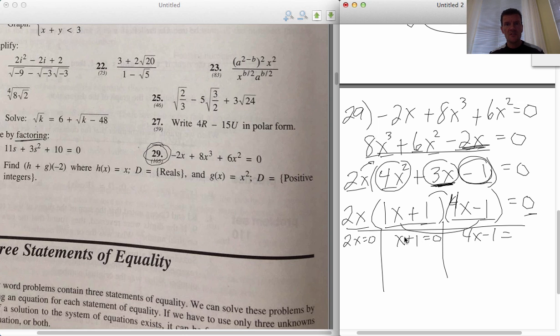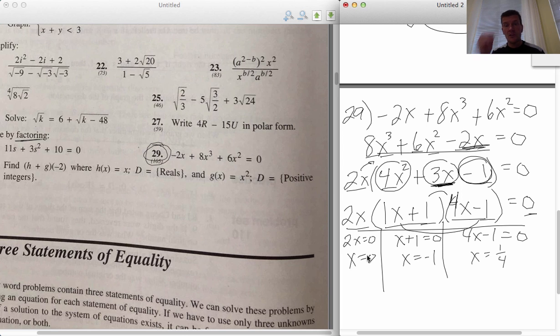Any of those parts, if they become 0, then you multiply them all together, you'll get 0. So here are your possible solutions for x. I solve each of those parts when they're set equal to 0. And here, x would be 0, x would be negative 1, x would be 1 divided by 4, 1/4. Those are your three values, the three solutions for number 29.